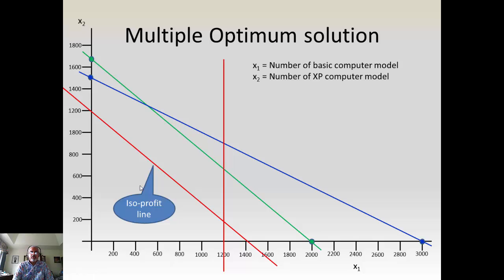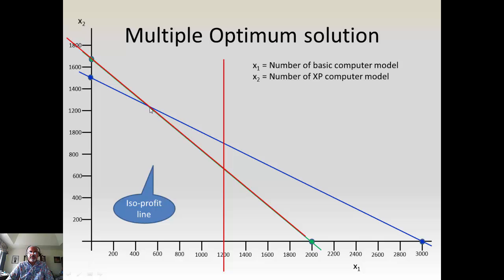So the iso-profit line is now being moved, and you see that at the edge, as it increases, it becomes parallel, it coincides with this constraint line. Now if you try to increase the profit anymore, it's going to leave the feasible region completely.